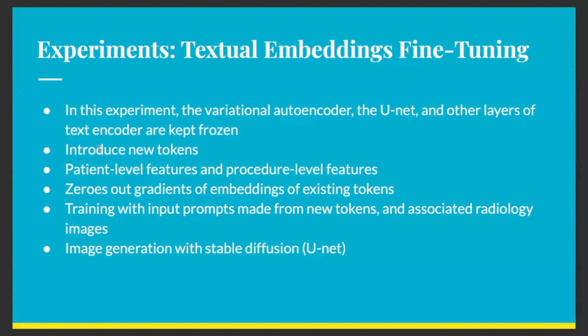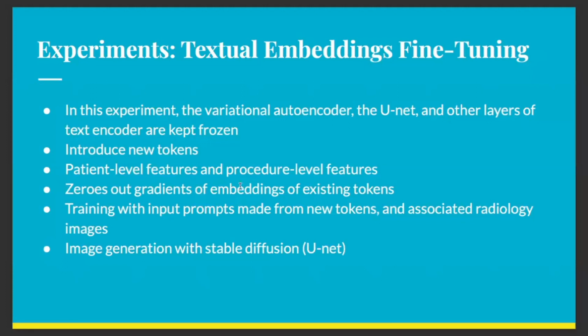And this experiment introduced tokens which code for patient level features, procedure level features, and abnormality level features. So it introduces new features into the text, and it zeroes out the gradients of existing tokens.